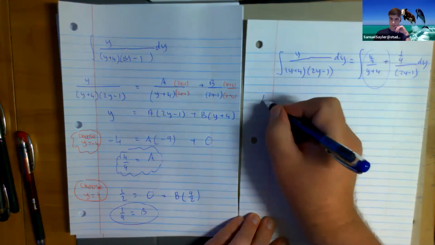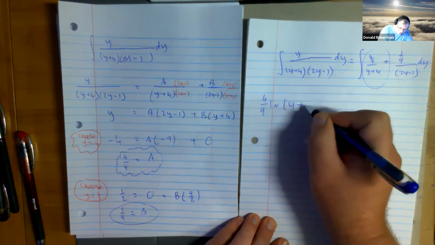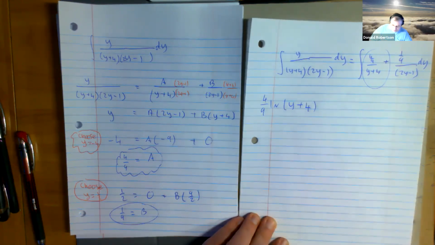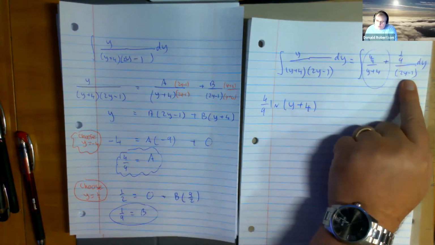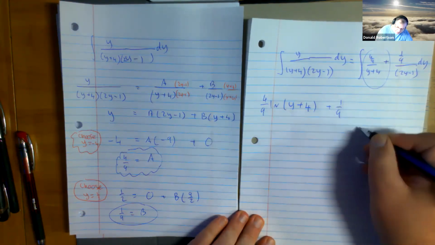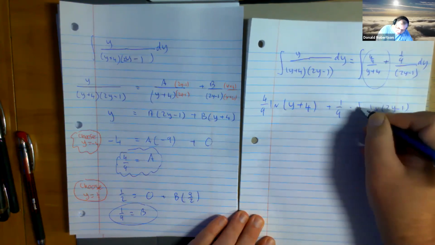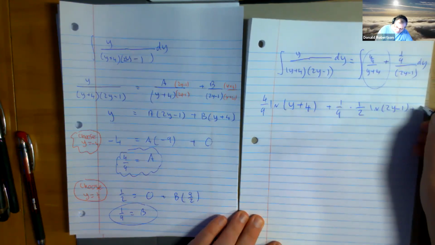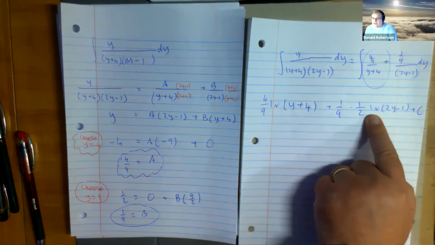This guy gets you 4/9 the natural log of y plus 4. Right? Yep. This guy here, I can do the linear shortcut or I could do a u sub. But what you get is 1/9 the natural log of 2y minus 1, and you get a half. And the half comes from that 2, generates an extra half.